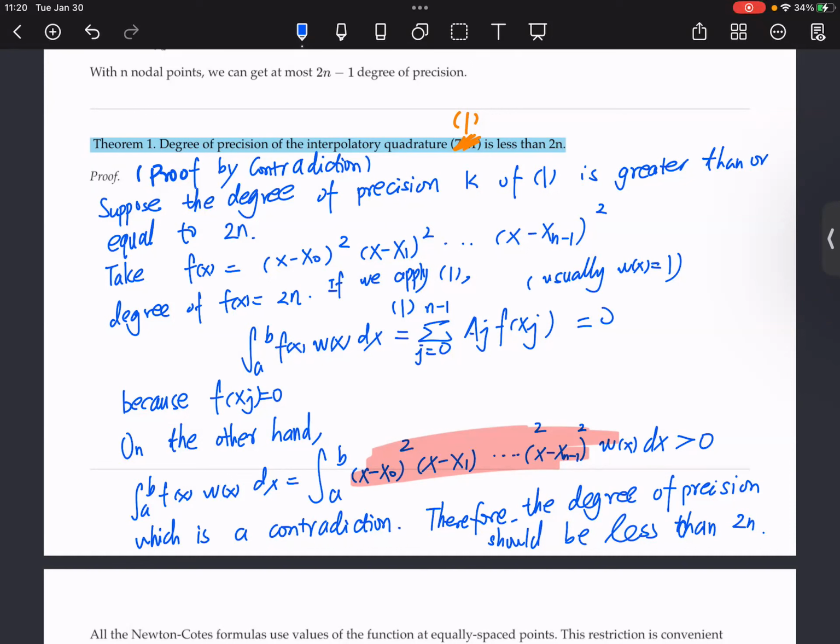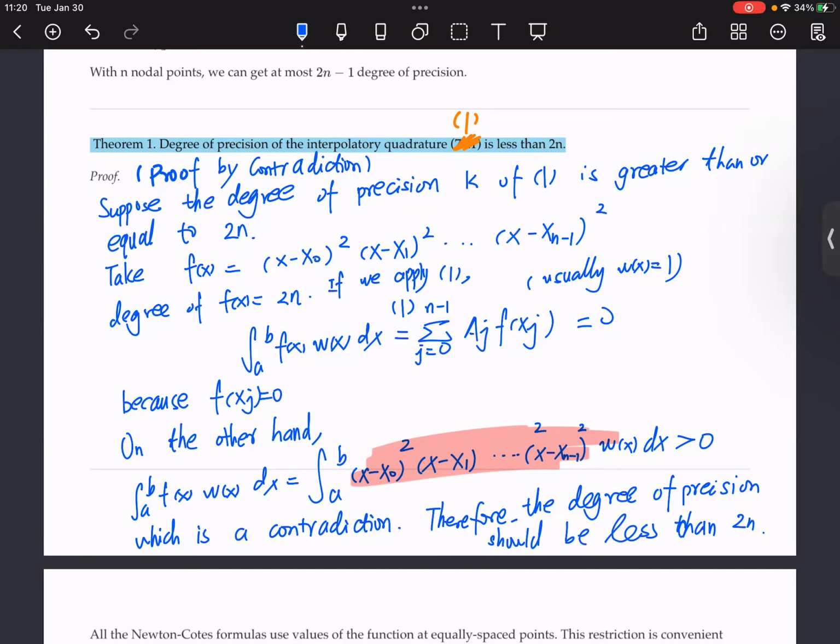f(xj) is 0, right? That is because if we are doing this sum here, where j equals 0 to n minus 1, let's substitute this. So we have defined the function like that.